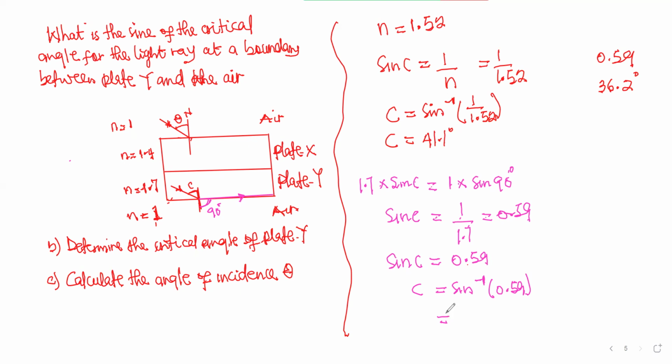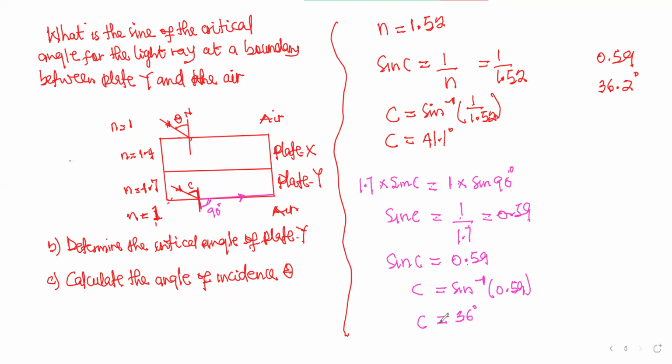And what's the sine inverse of 0.59? This is 36.2. Good. So 36.2, approximately 36 degrees.